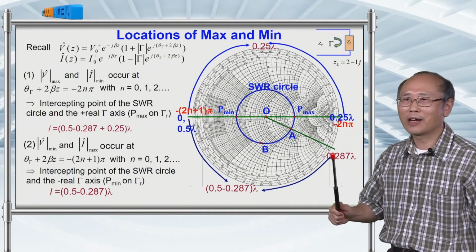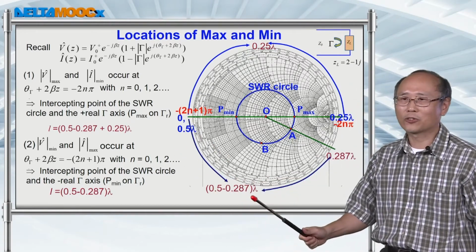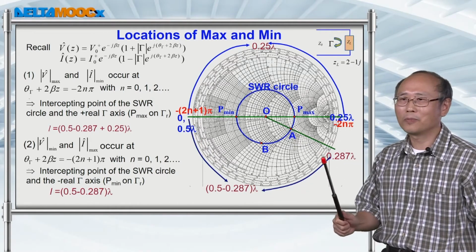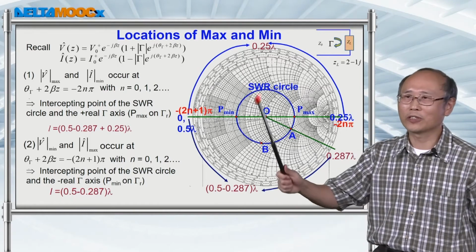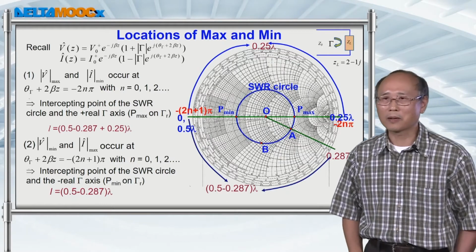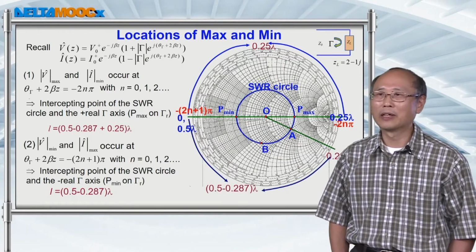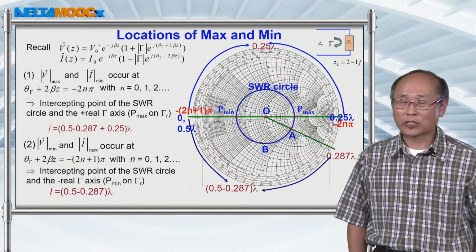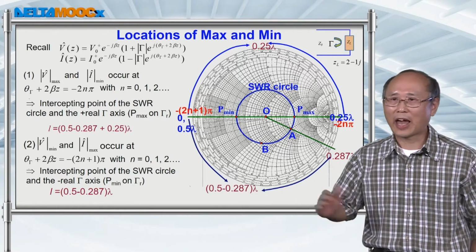And from this point all the way to this point, the length of the transmission line is 0.5 wavelengths minus 0.287 wavelengths. Of course, you could be interested in locating more locations for the maximum or minimum signals. And previously, I told you that for a transmission line, the period is half wavelength.